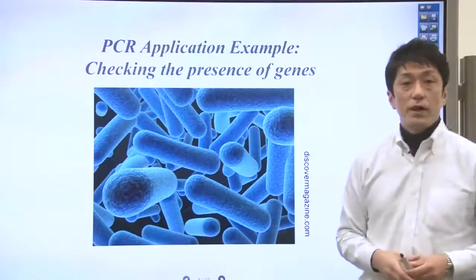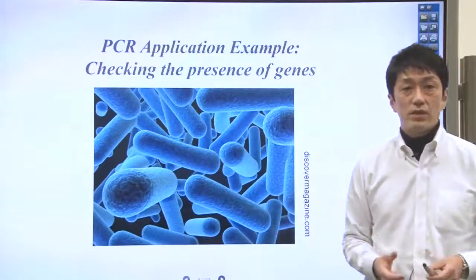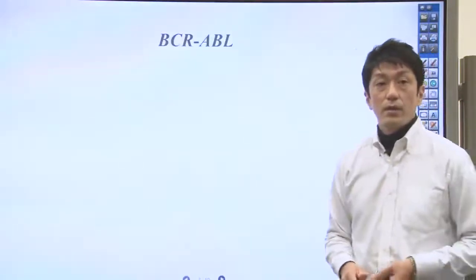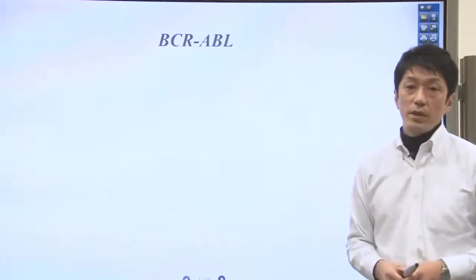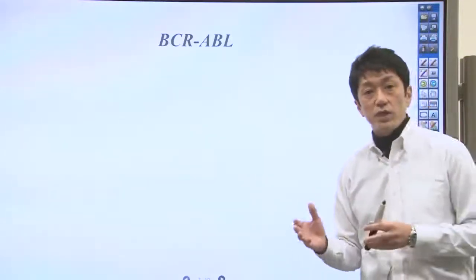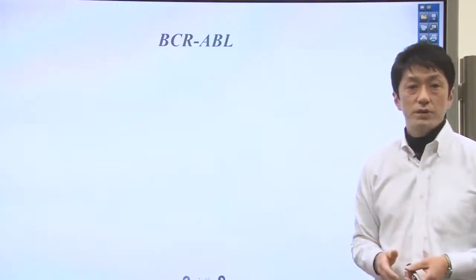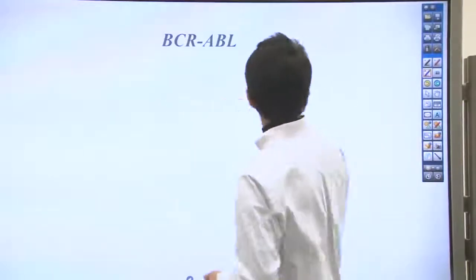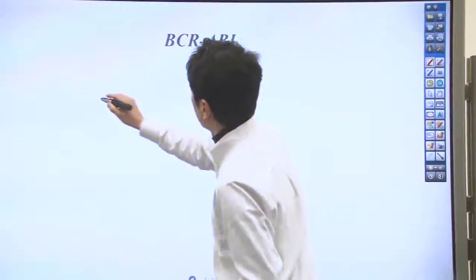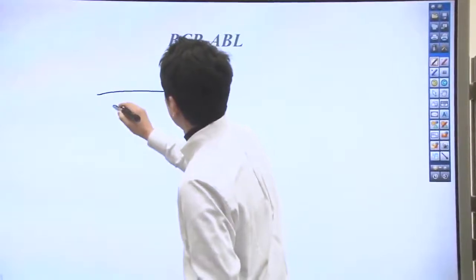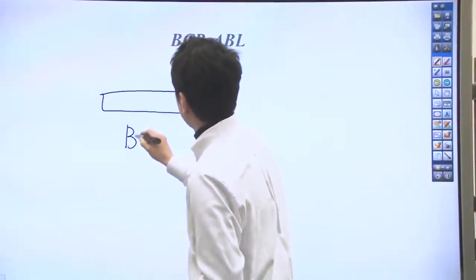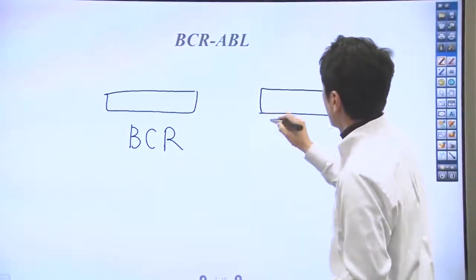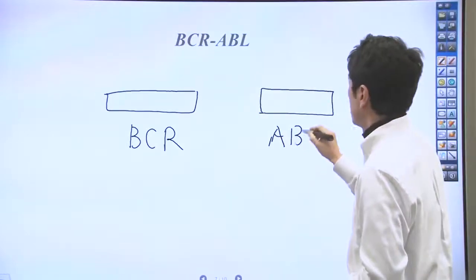So this method can also be used in cancer diagnosis. In a certain type of leukemia, different genes fuse and promote the proliferation of cells. In this particular leukemia, the BCR gene is fused with the ABL gene.